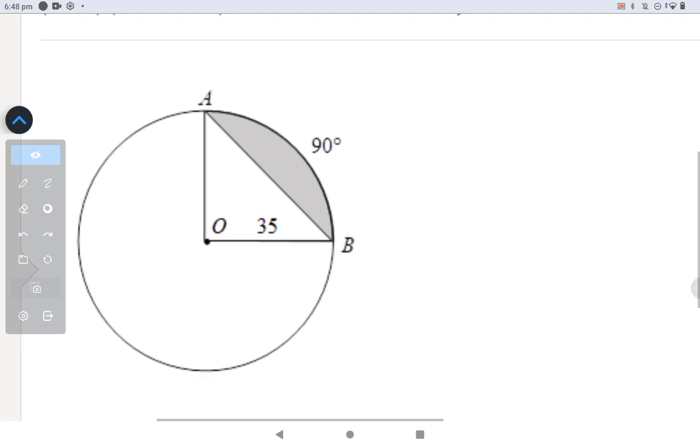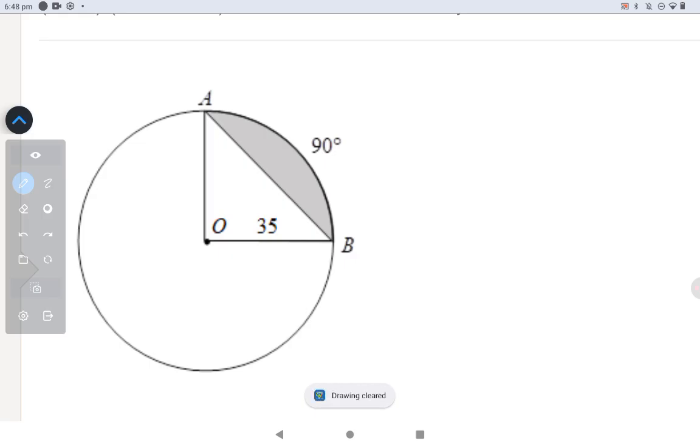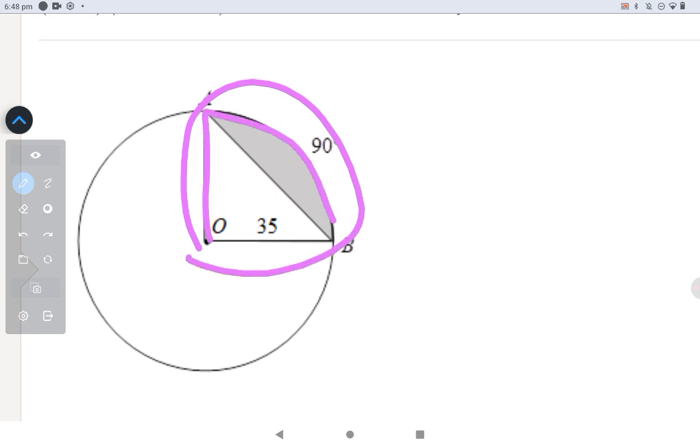Okay, so when they say shaded region, it's going to be the area of a sector. This is a sector, right? So area of a sector minus the area of a triangle. This is a triangle, right? So area of sector minus area of triangle will give you this part, the shaded region.